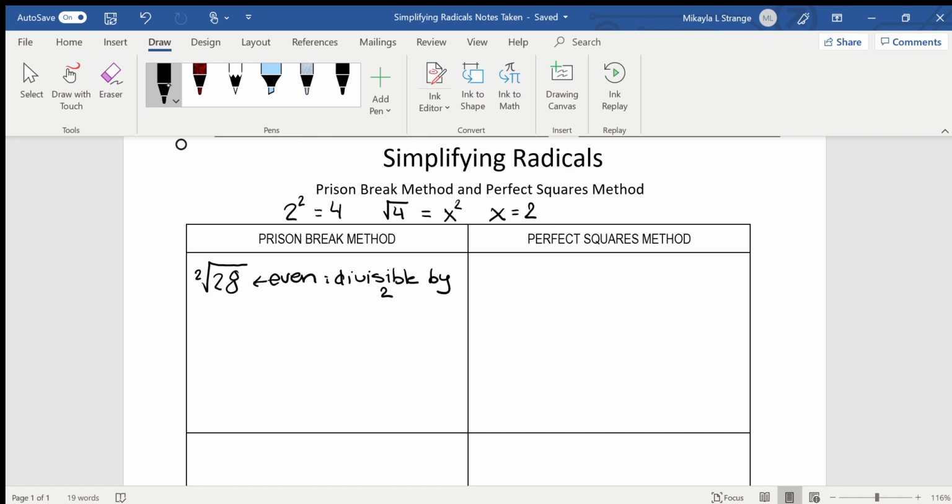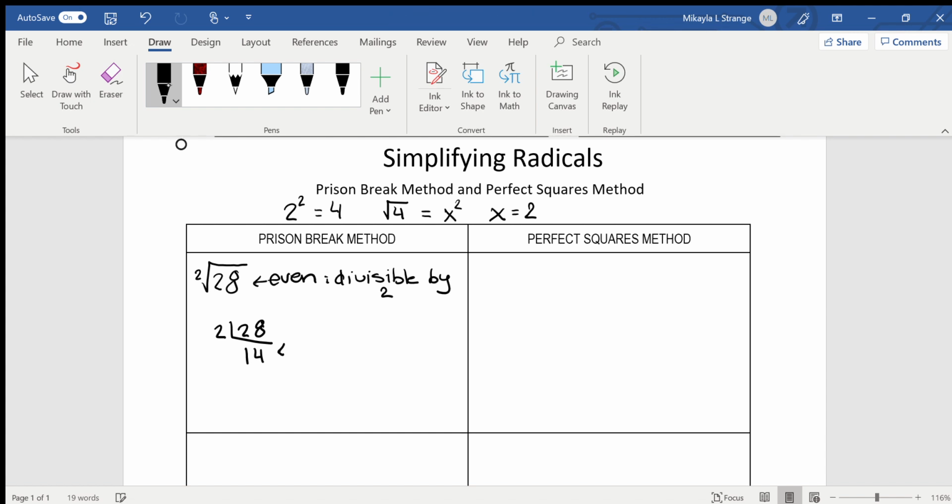So I'm going to take 28, and I'm going to divide that by 2. Now 28 divided by 2 is 14. My question for you is, can 14 be divided by 2? Or does 2 go into 14?